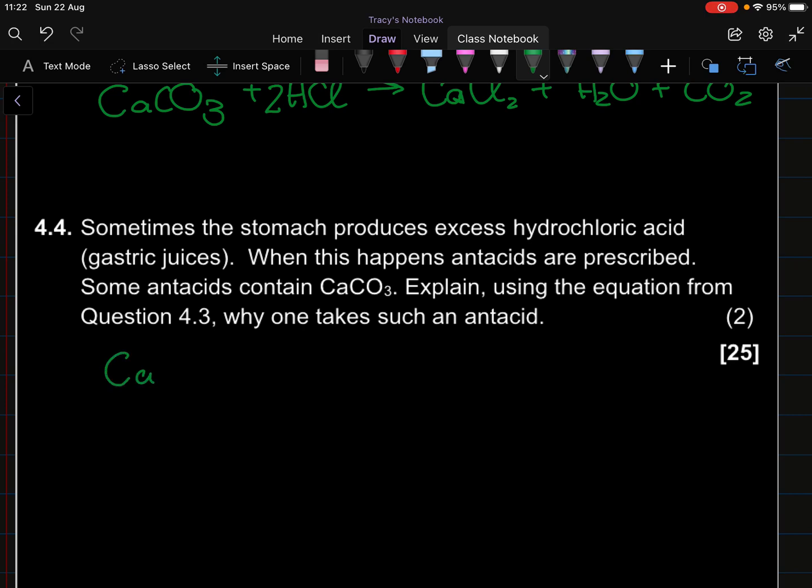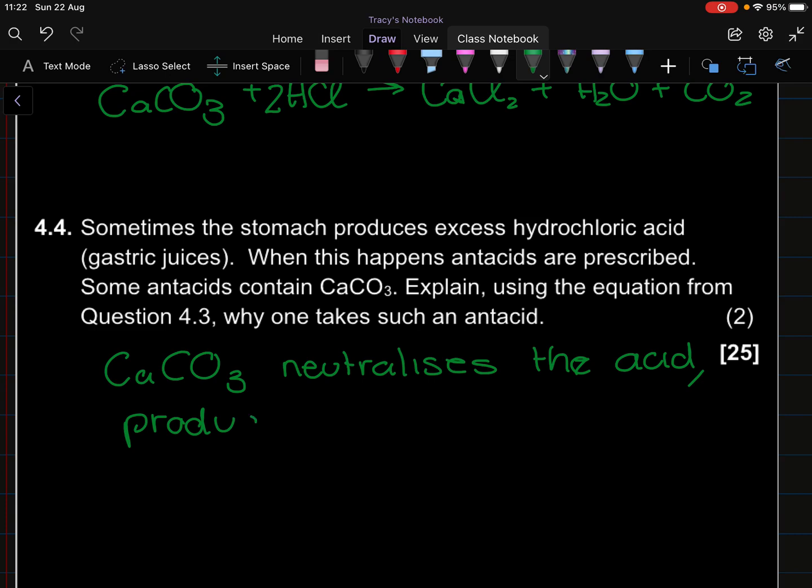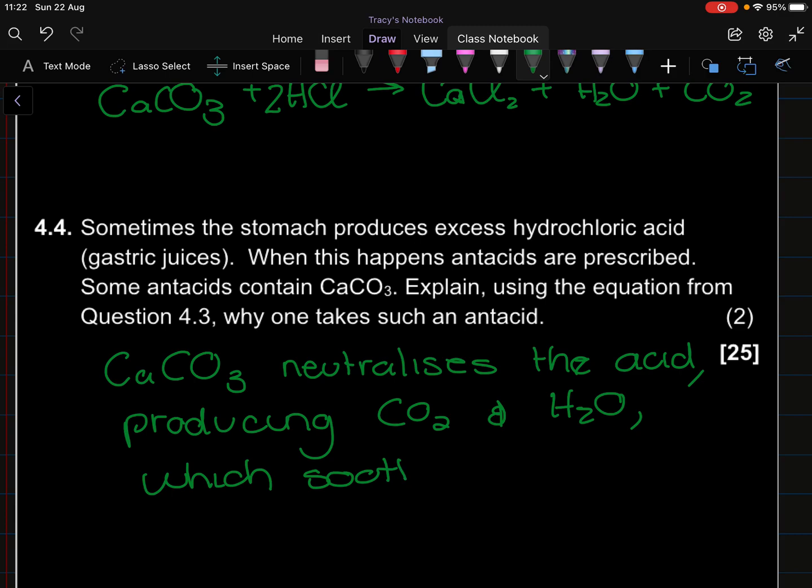Well, the CaCO3 neutralizes the acid, producing carbon dioxide and water, which soothes the stomach. Okay, really is just about the neutralization of the acid. Okay, really not as bad as we think it is.